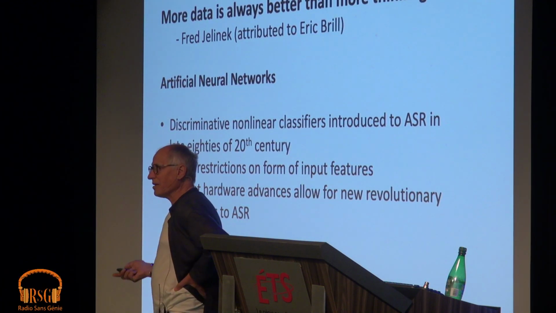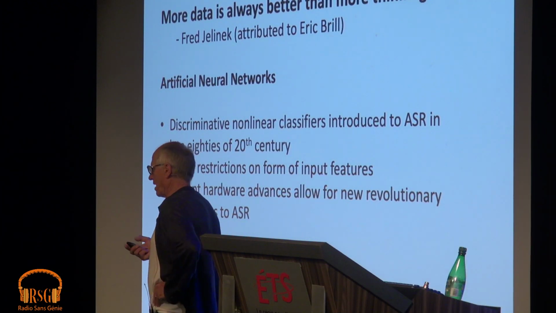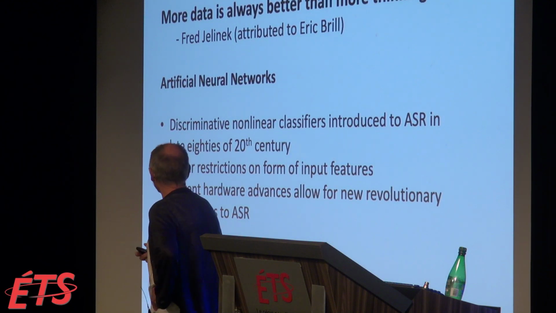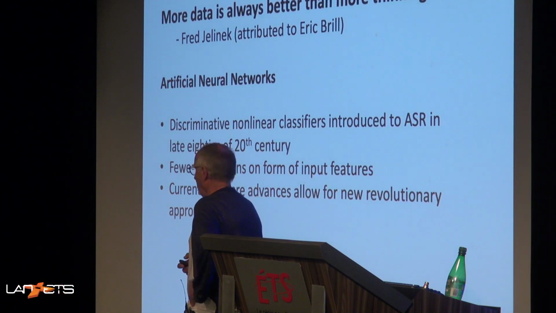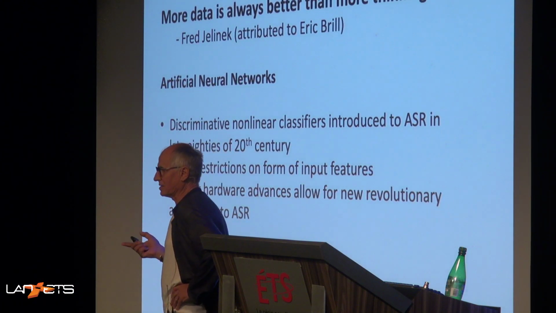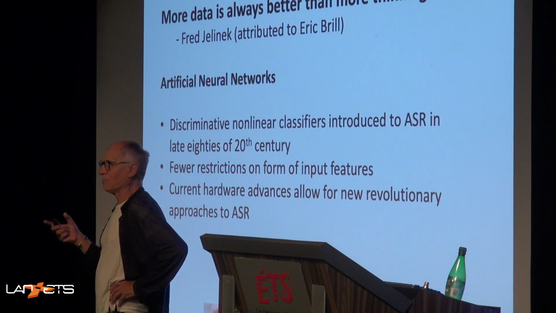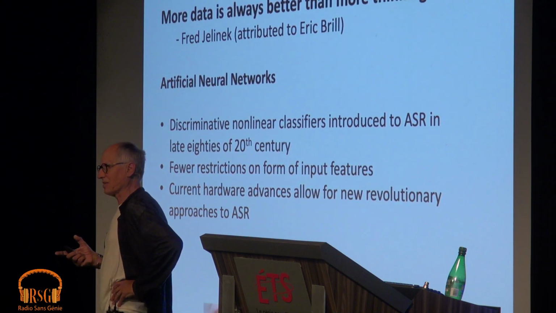And it became much more true with the evolution of the artificial neural networks. Those are nonlinear classifiers which started to be used sometime towards the second half of the 20th century. The big advantage of the neural nets is that there is relatively little restriction on the form of the data which go in. That is one of the biggest advantages of neural nets.